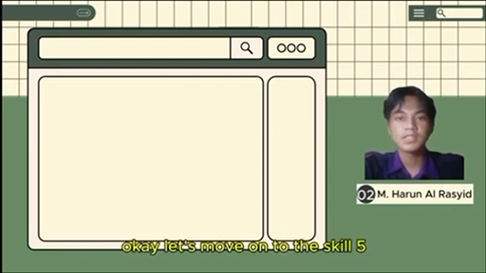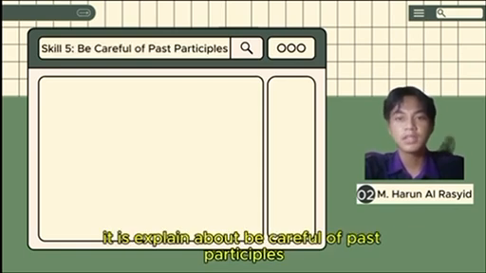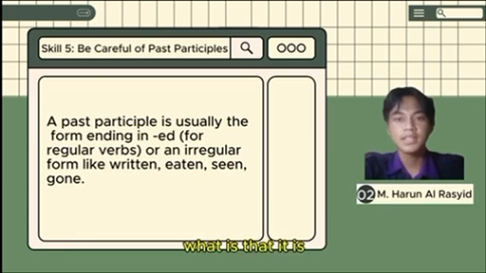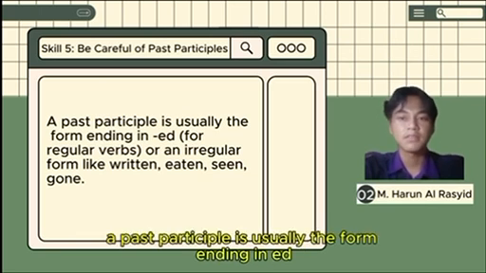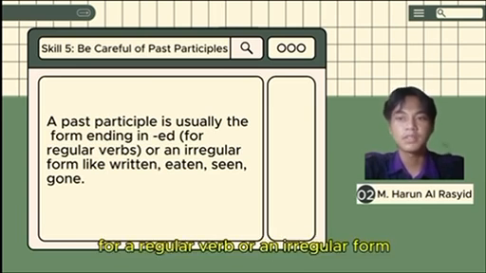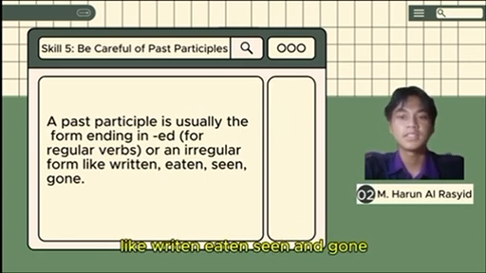Okay, let's move on to skill 5. It explains being careful of past participles. What is that? A past participle is usually the form ending in -ed for regular verbs, or an irregular form like ridden, eaten, seen, and gone.